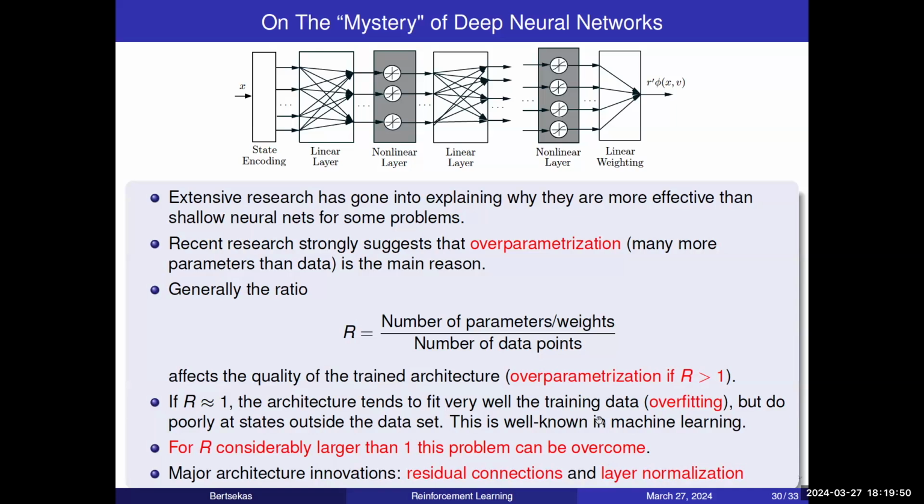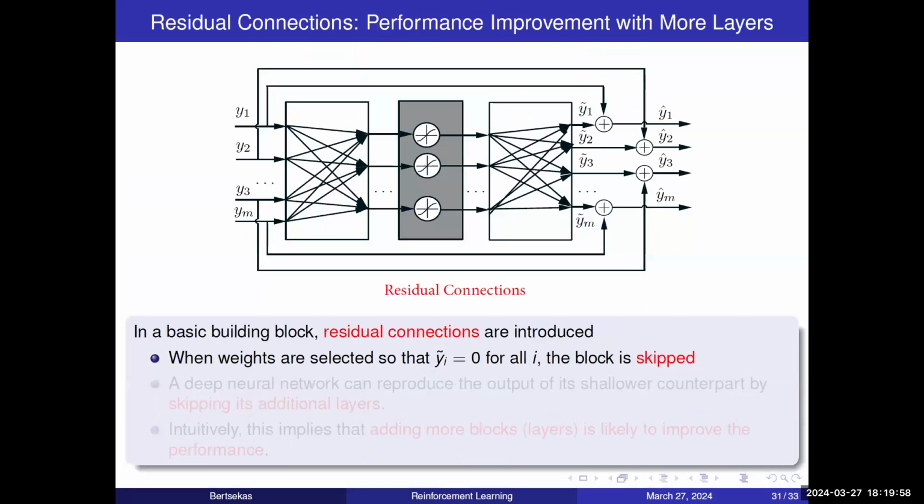We're going to briefly talk about two key ideas: one is residual connections, and the other is layer normalization. Recall in the previous figure, after state encoding and so on, there is a linear layer, and then there is a nonlinear layer. It may be repeated, and the outputs may be weighted and summed together to act as output.